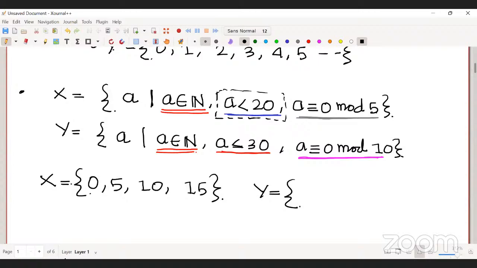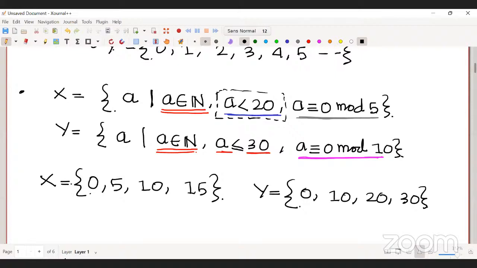Y is 0, 10, 20, and 30. So as you can see, 30 is included. Here we are considering equal also. So let me write it properly: A is less than or equal to 30.